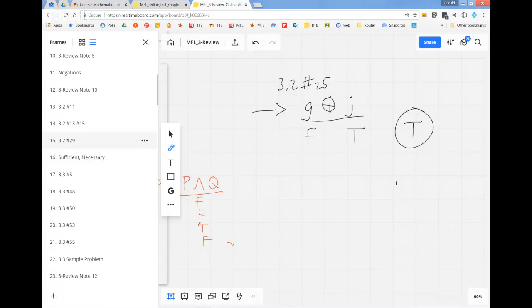Do you do that for all the ORs in the word sentences or not necessarily? If I had a different word problem that used the word or, would that be the same type of deal or not really? When you see or, you can assume it's this one. That's called the inclusive OR.